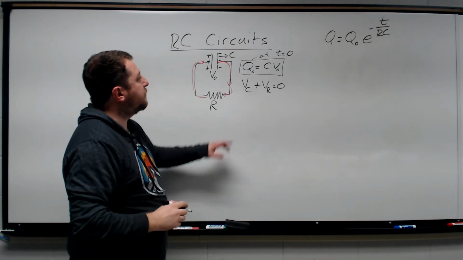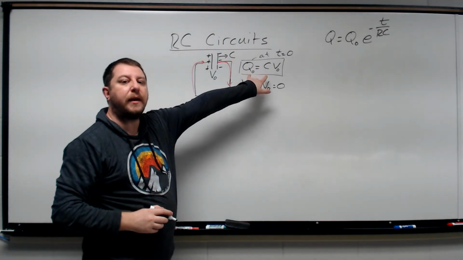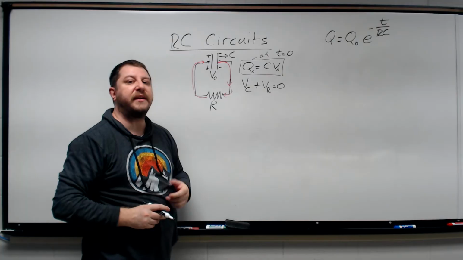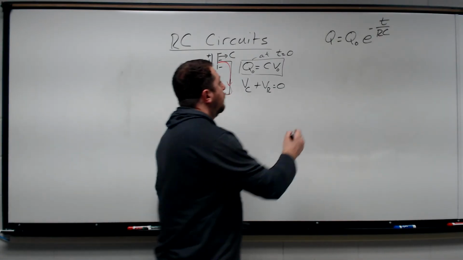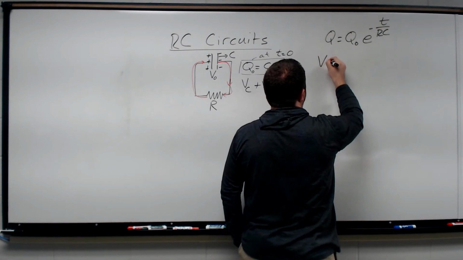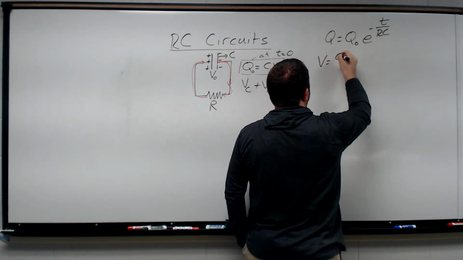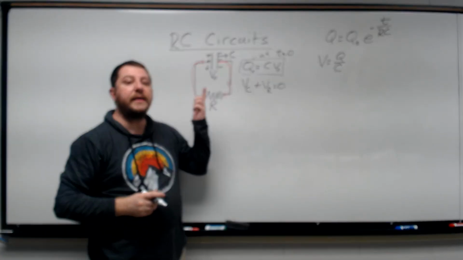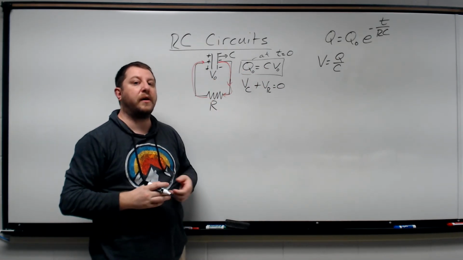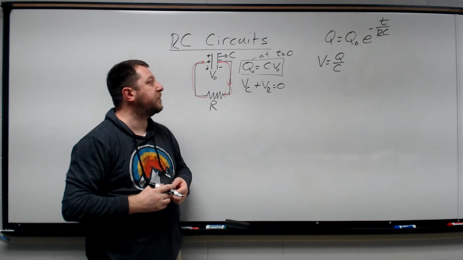The voltage across the capacitor you can find from this type of relationship, Q is equal to CV. Therefore, V is going to equal Q over C. But Q is the function Q naught e to the negative t over RC.